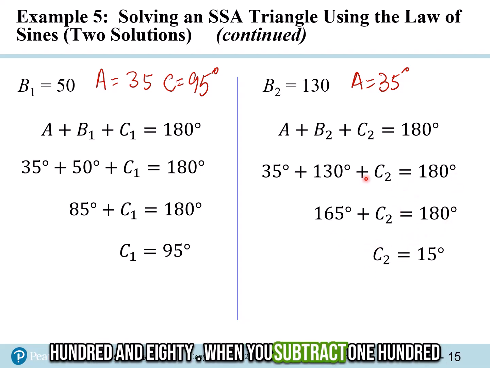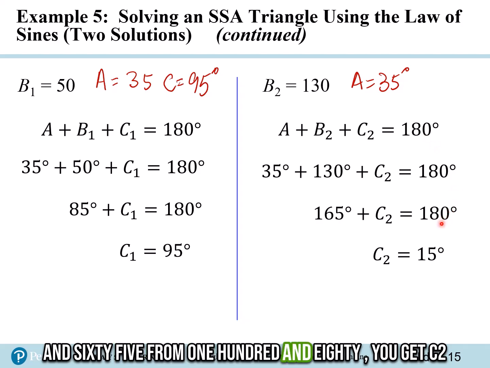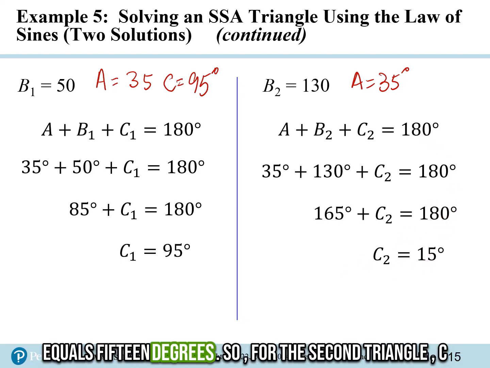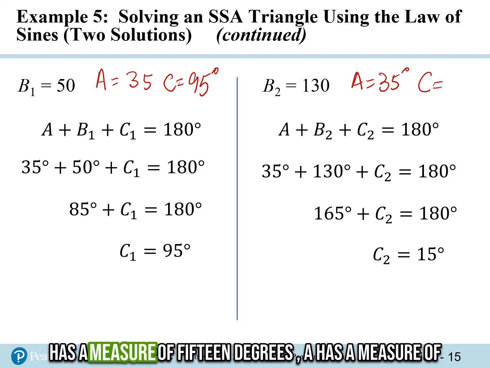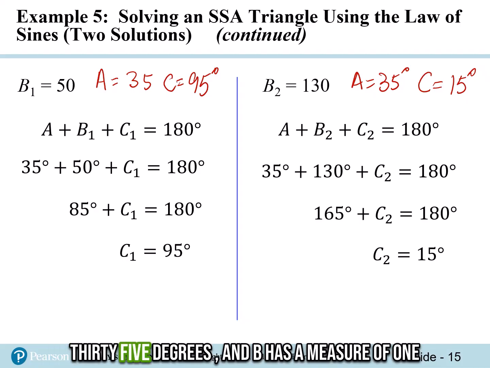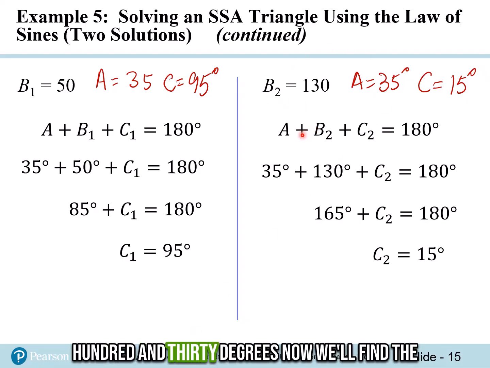When you subtract 165 from 180, you get C2 equals 15 degrees. So for the second triangle, C has a measure of 15 degrees, A has a measure of 35 degrees, and B has a measure of 130 degrees.